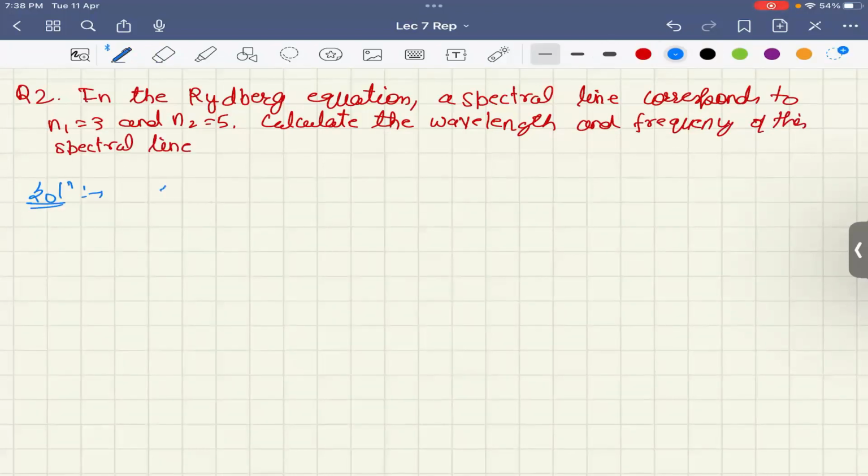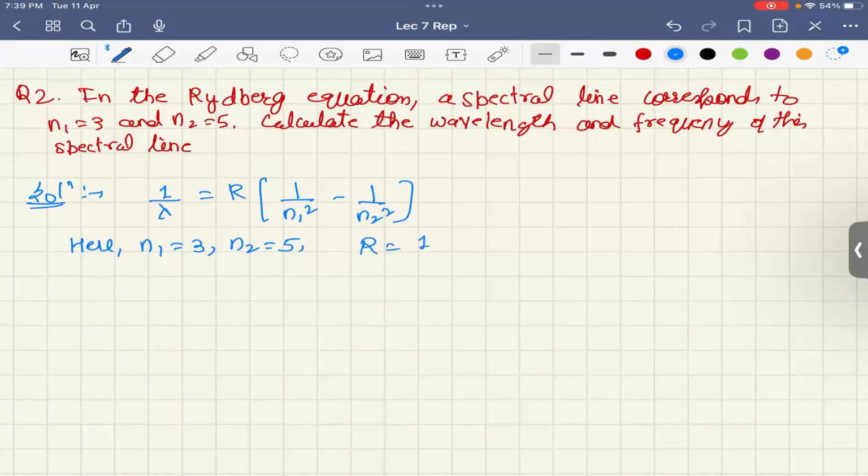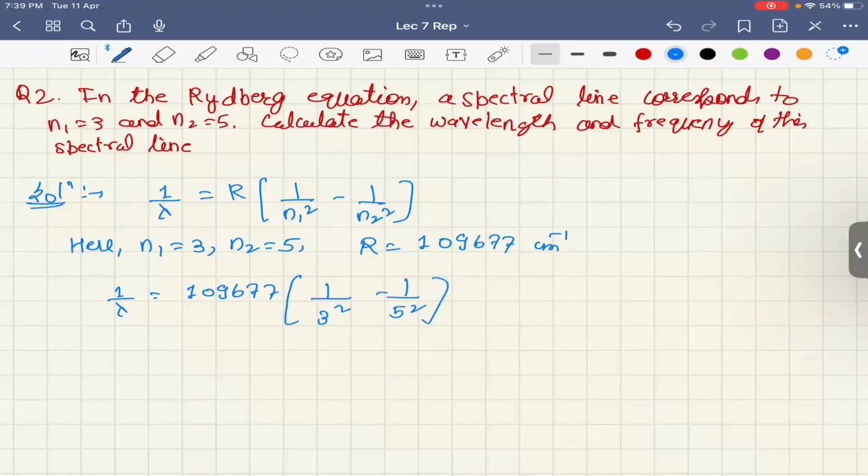So we already know that 1 by lambda is nothing but R into 1 by n1 square minus 1 by n2 square. Here we are given n1 is equal to 3, n2 is equal to 5, and we already know the value of R, which is 109677 centimeter inverse. We plug in the values, and what we get is 1 by 3 square minus 1 by 5 square.